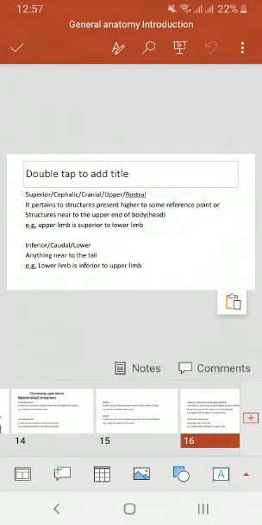Proximal refers to the structures nearer to the reference point. Again, we can say proximal is a structure present towards the center of the body. This is called proximal, and anything which is away from the center of the body is distal.